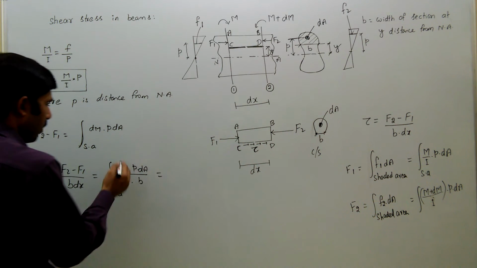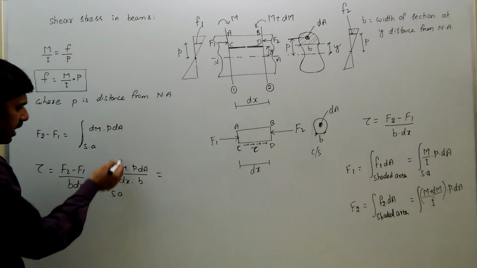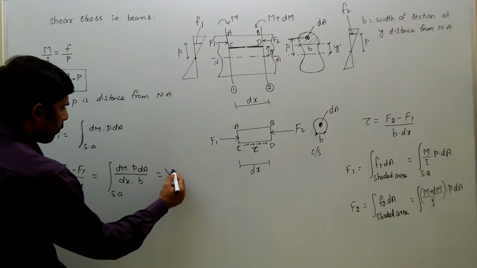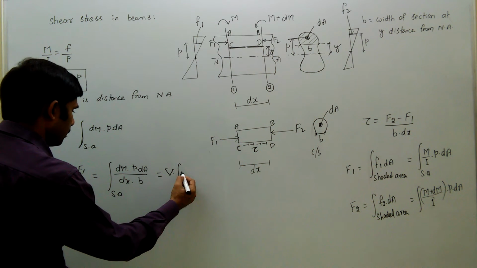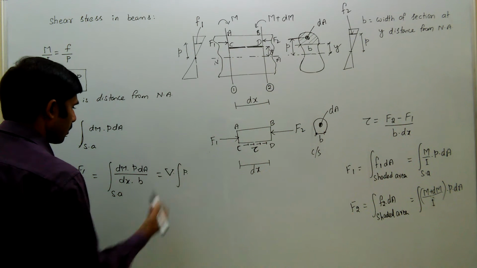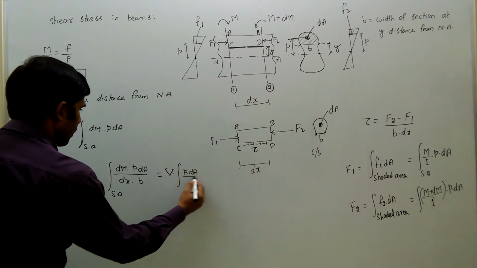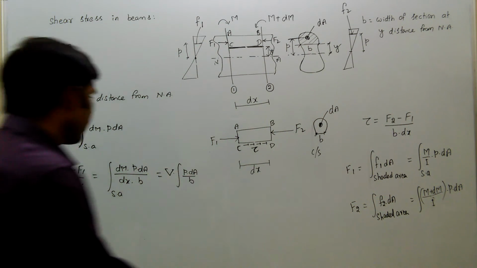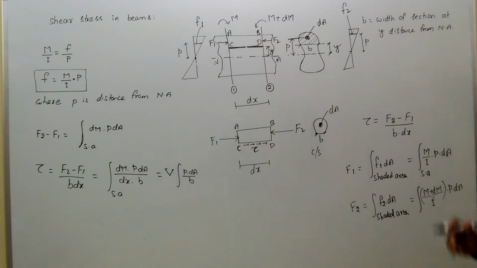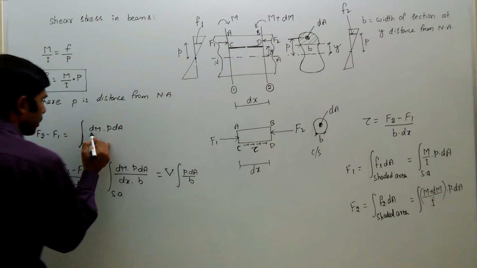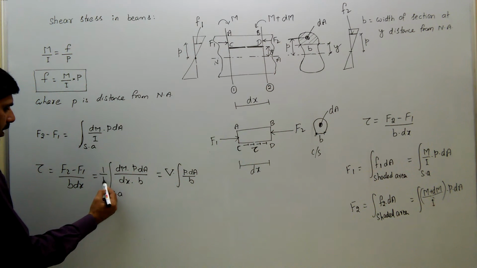We know dM by dx is V, the rate of change of bending moment is the shear force V. So V into integral of p dA by b. Here we have forgotten one thing: I is there in the denominator, dM by I, so 1 by the moment of inertia.